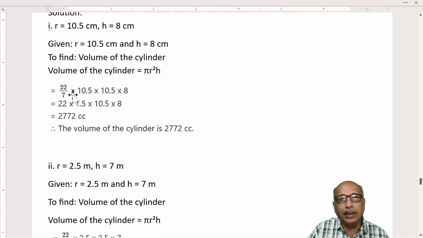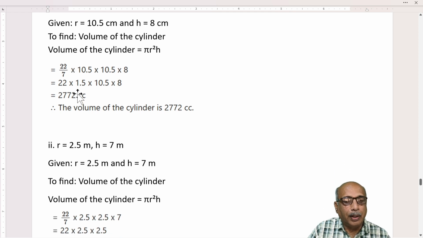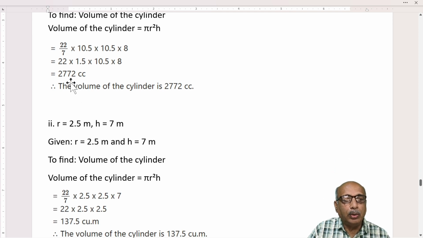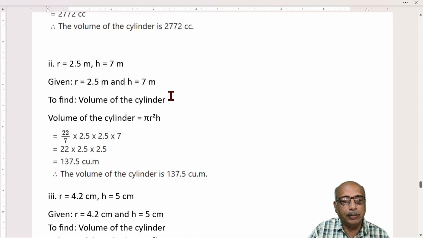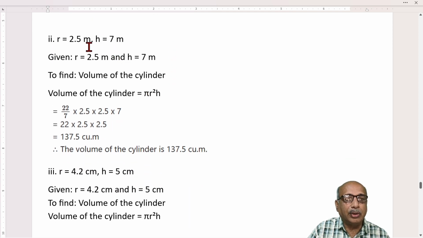Pi is taken as 22/7 and calculate. You will get 2772 cubic centimeter. Therefore, the volume of the cylinder is 2772 cubic centimeter.